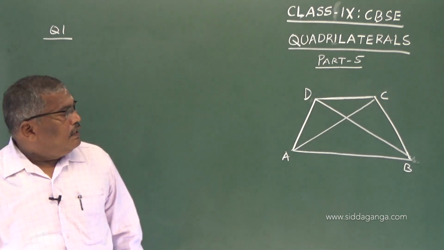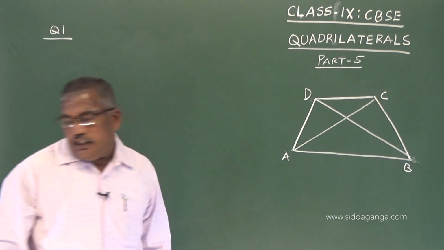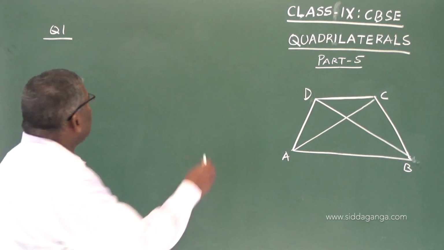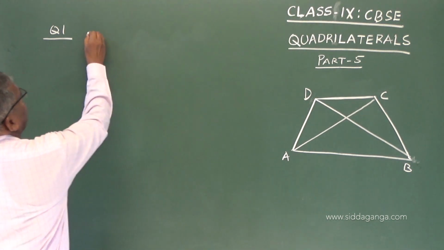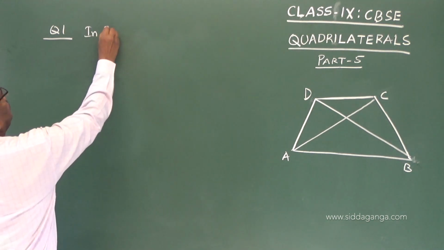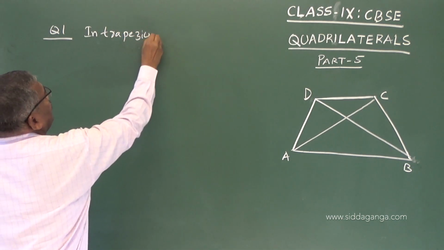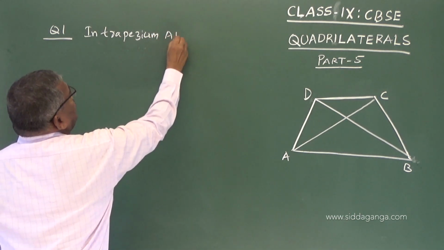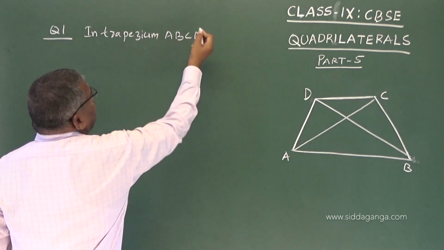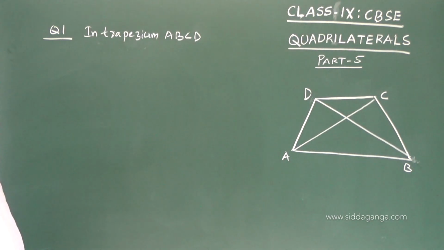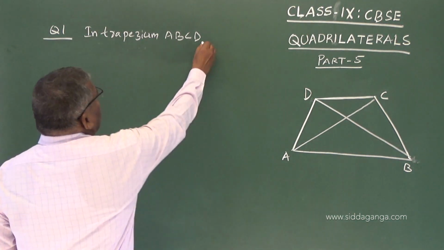Now, the question is: in trapezium ABCD, which triangle has area equal to triangle ABD?